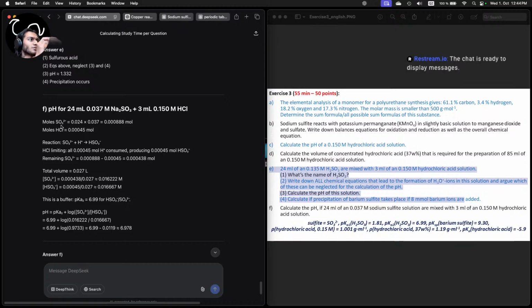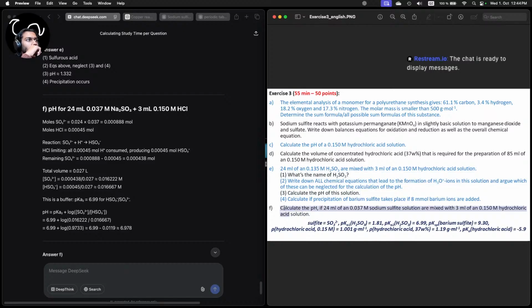So sodium sulfide, that is... I gotta see what ChatGPT says.